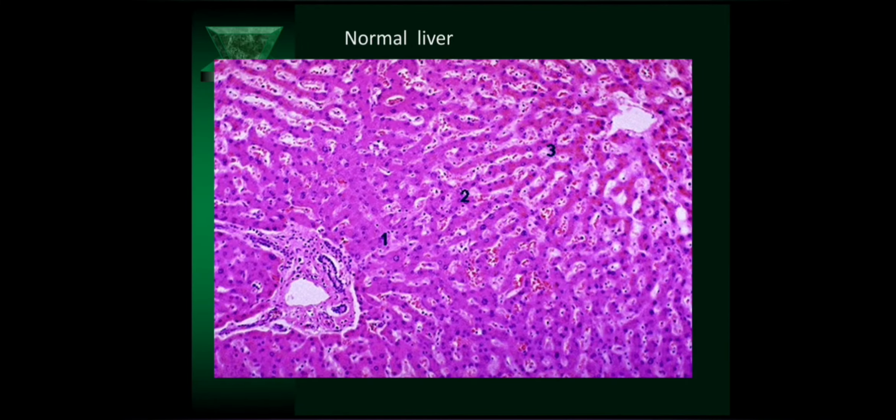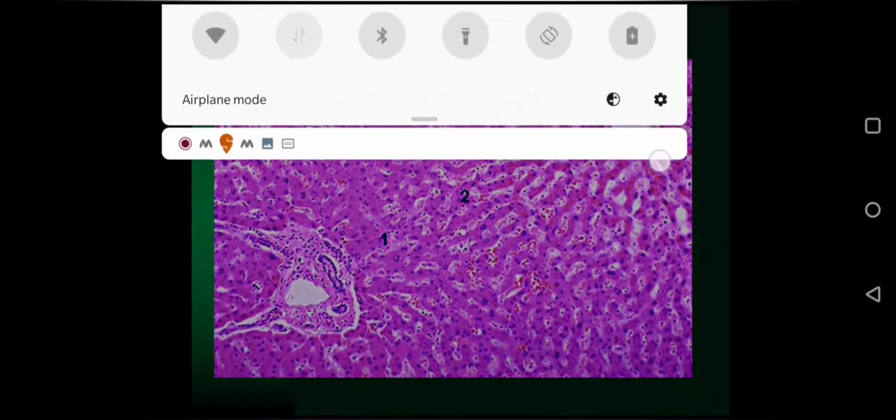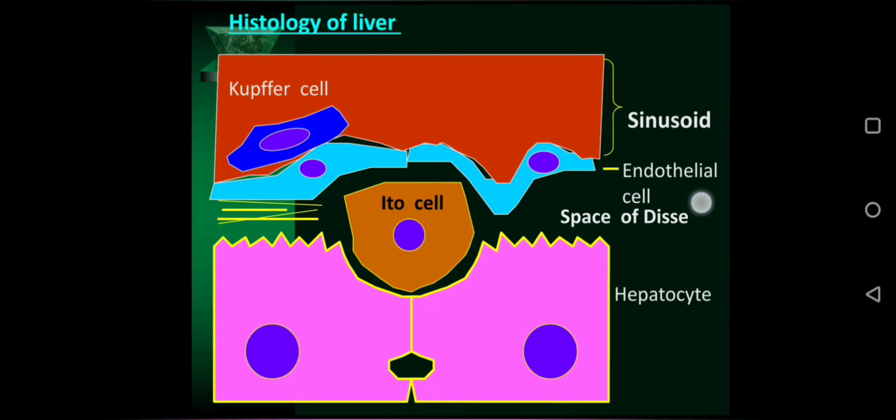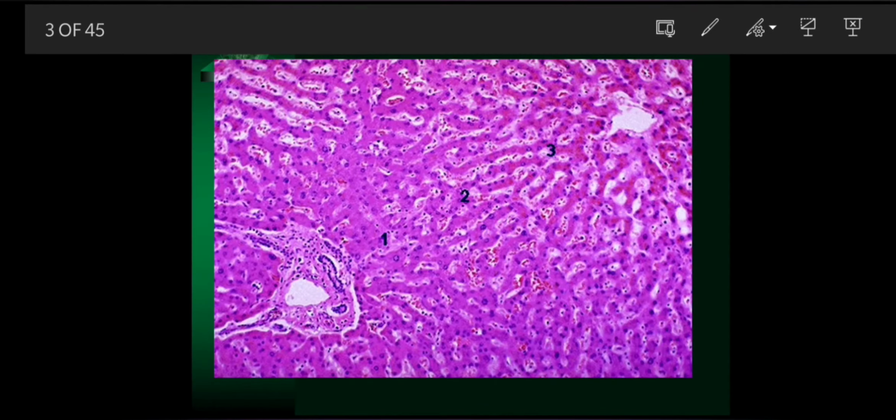Now coming to the histology, the hepatic parenchyma is composed of numerous hexagonal lobules. So this entire thing is a lobule. You can draw a hexagonal architecture like this, and this becomes a lobule.